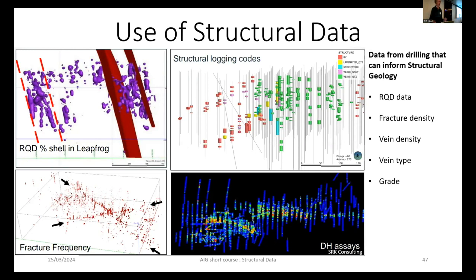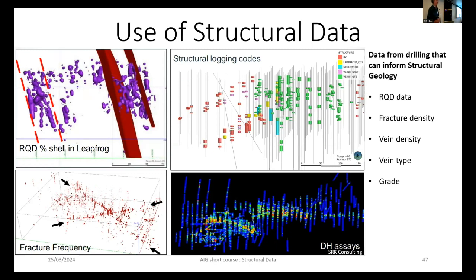I'm sure everyone in the room has done rock quality designation measurements on core. That data can be incredibly critical in identifying fault zones, zones where there's a lot more rock breakage. And that might have an influence on either displacement of an ore body or on the ore body itself. Structural logging codes, obviously, we've touched on that.